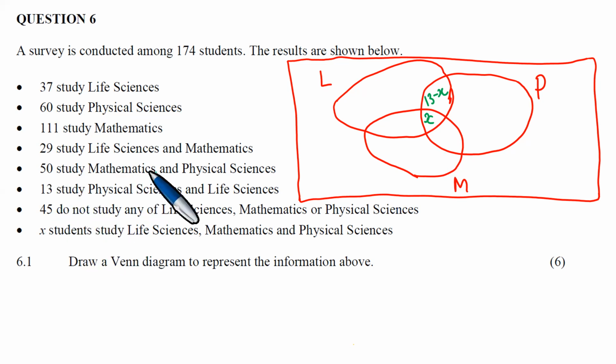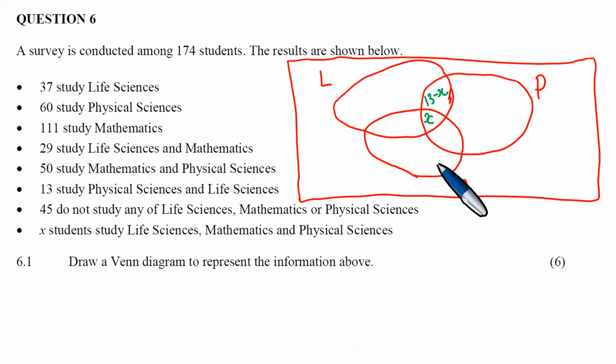50 study mathematics and physical sciences. So you have mathematics and physical sciences, there must be 50 of them.